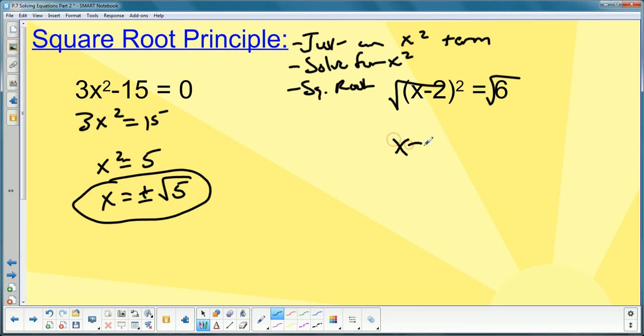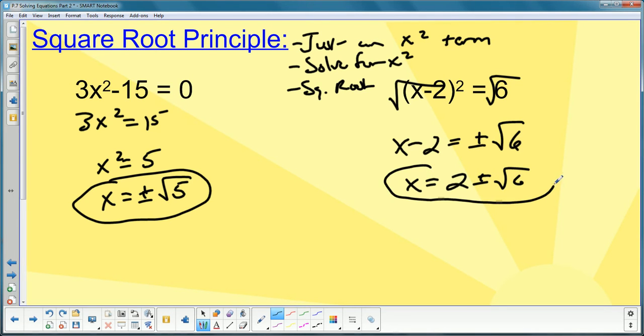That leaves me with x minus 2 equals plus or minus the square root of 6. Then I add 2 to both sides, so x equals 2 plus or minus the square root of 6. We don't need to simplify it any more than that. If you want to plug it into your calculator, you're fine, but you don't need to.